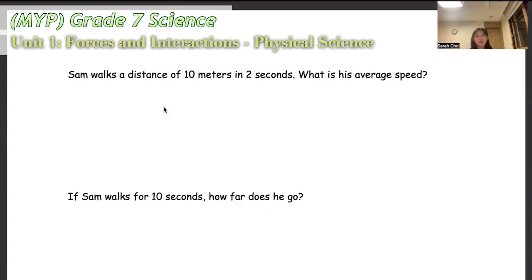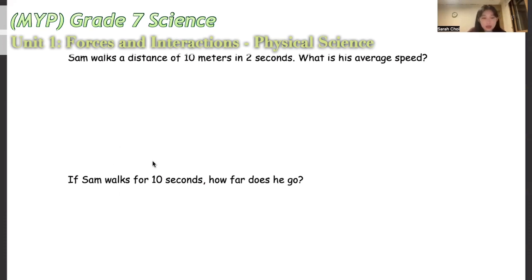So let's take a look at these two questions for an example. If Sam walks a distance of 10 meters in 2 seconds, what is his average speed? So we want to find the average speed. Let's use the DST triangle. Since we have to find the average speed, we have to do distance over time.